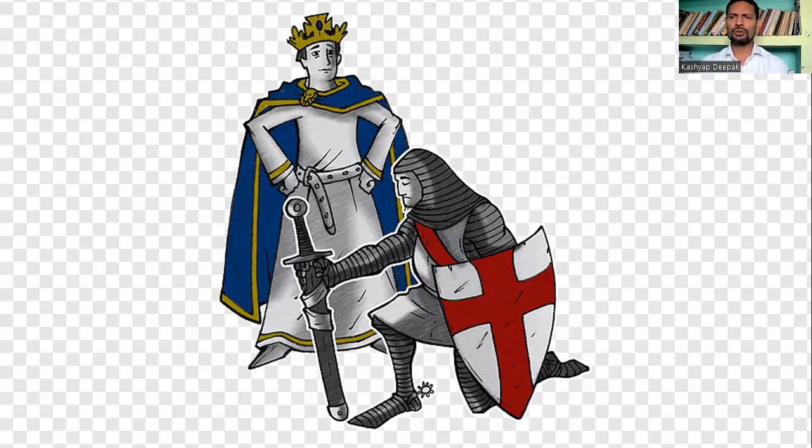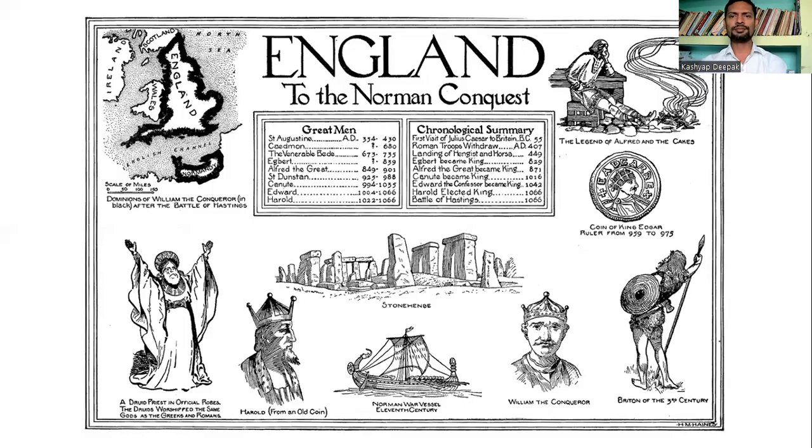We are not going deeper into the historical side, because our main focus will remain on literature, so not much of the history. But you can see this Norman conquest and what they did.